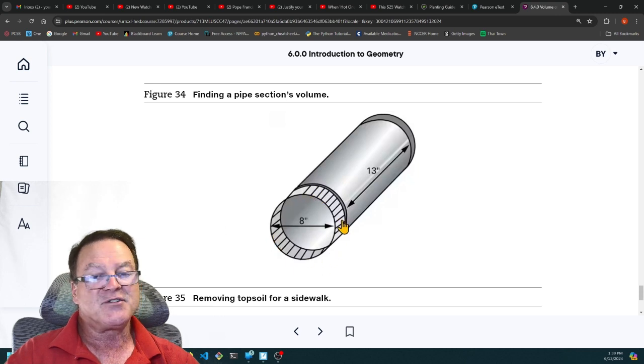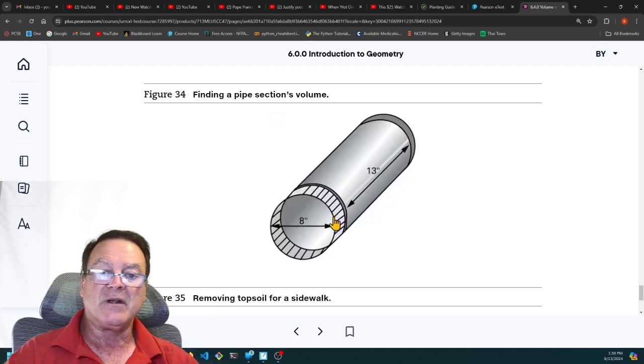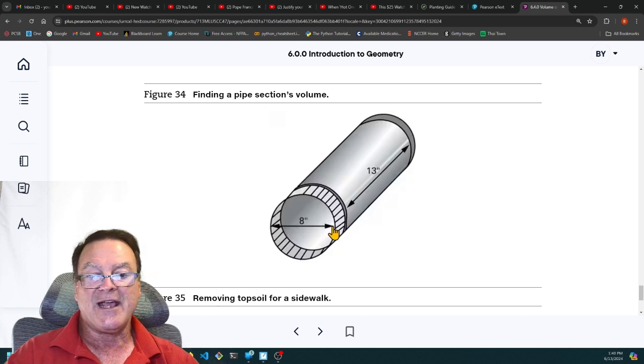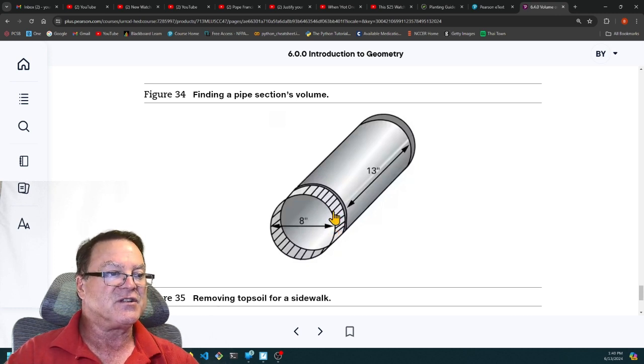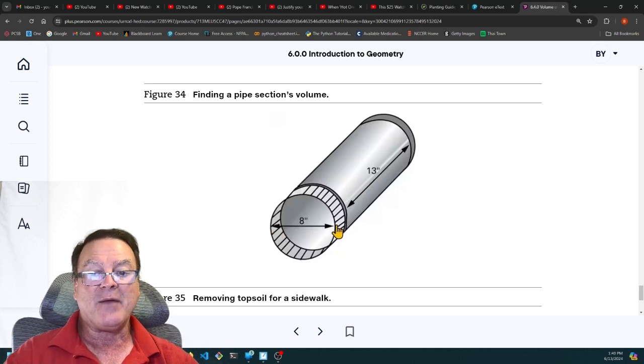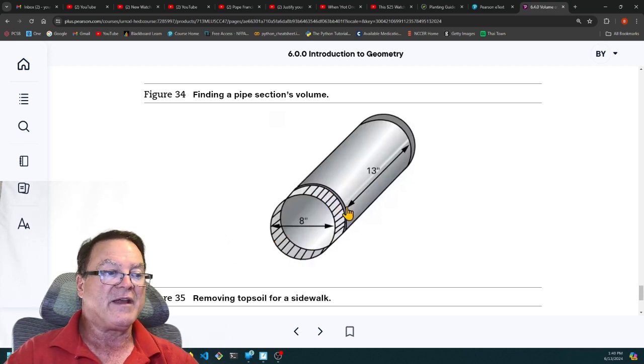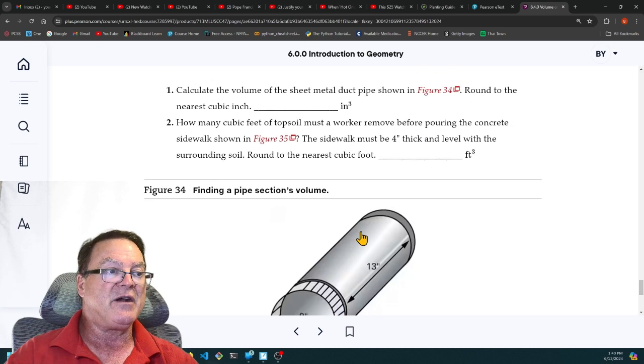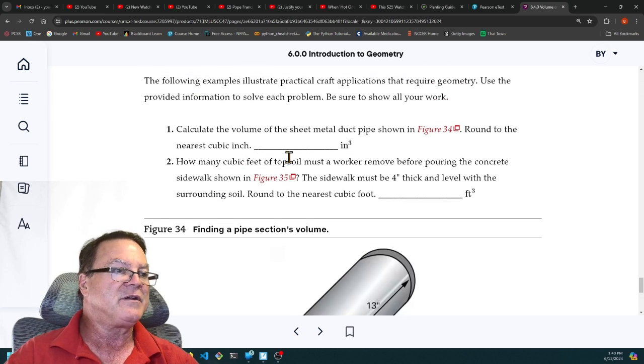We want to calculate square foot area or square inch area of this piece of sheet metal. How much sheet metal is it going to take in order to roll it up and make this duct? And it's 8 inches across in diameter, and it's 13 inches long. So we could say 8 inches times pi. That will give us the circumference of that circle. That'll give us the length of that circle. And then we can multiply that times 13 and get the square inch area.